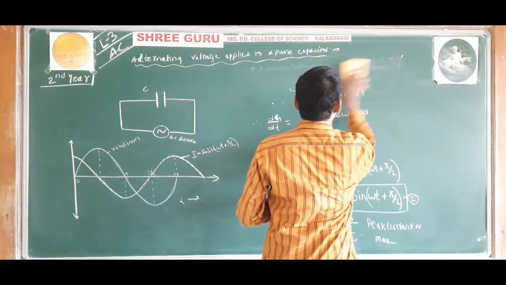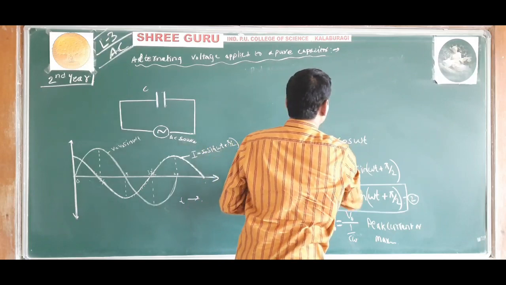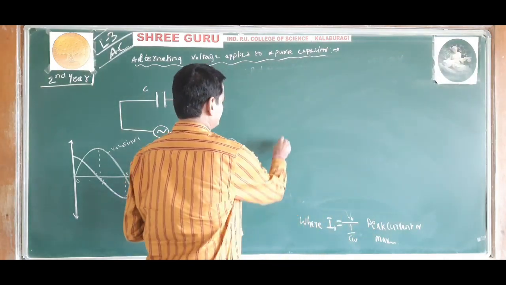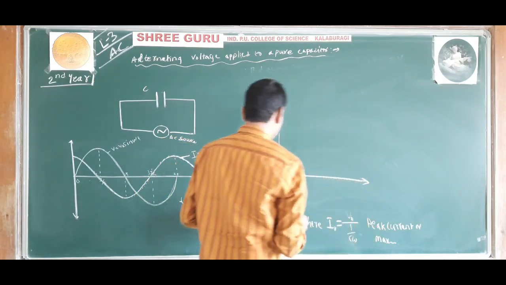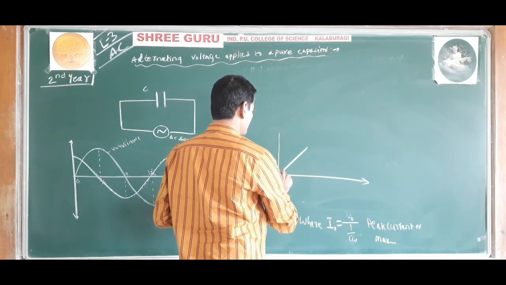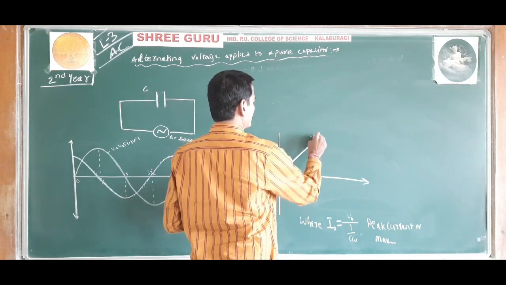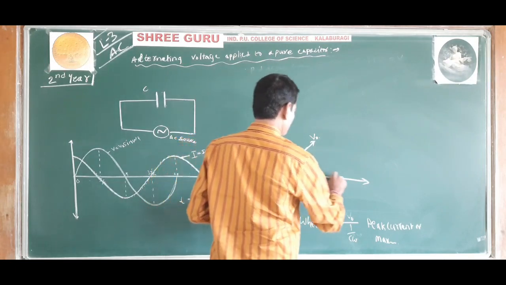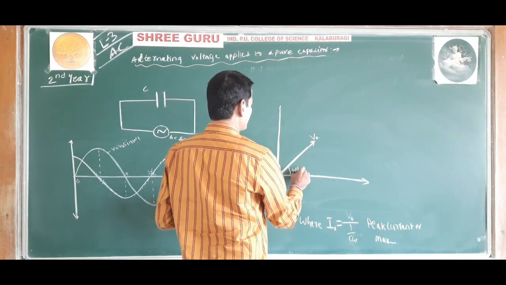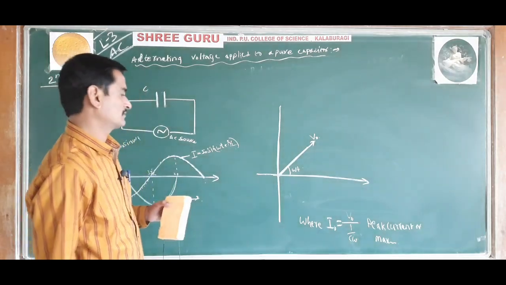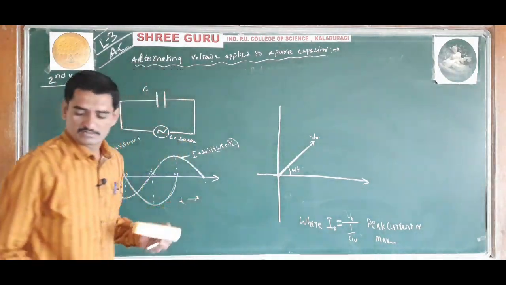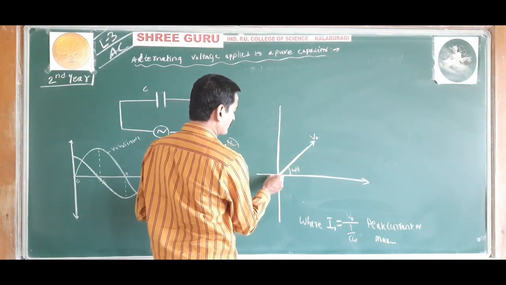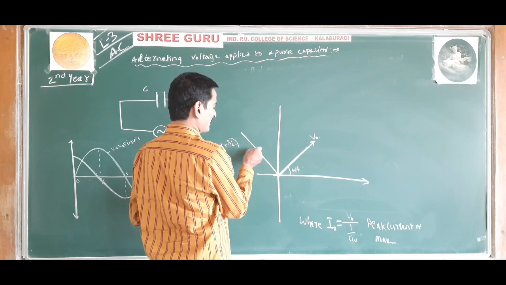And now the phasor diagram. If you draw the phasor diagram, this is the phasor for voltage, so it represents V0, and this represents omega t. Now the phasor for current: current is ahead of voltage by an angle of pi by 2, so current will be drawn here.